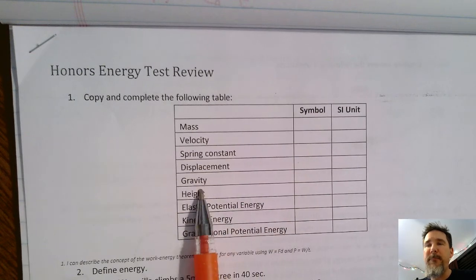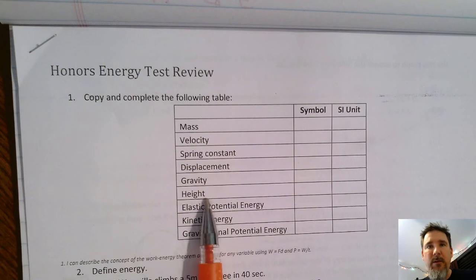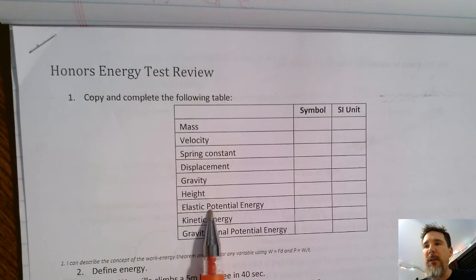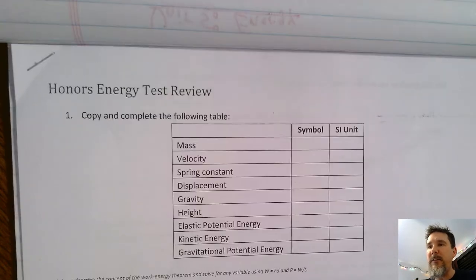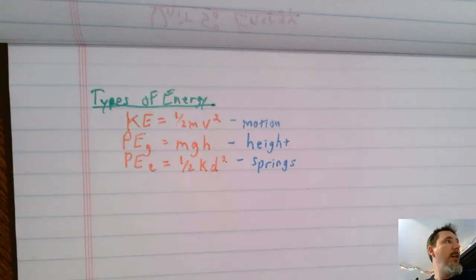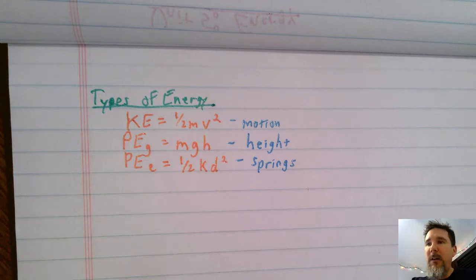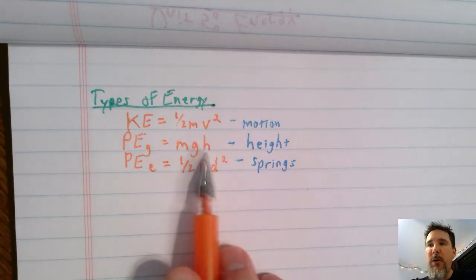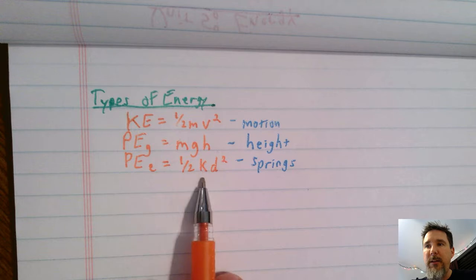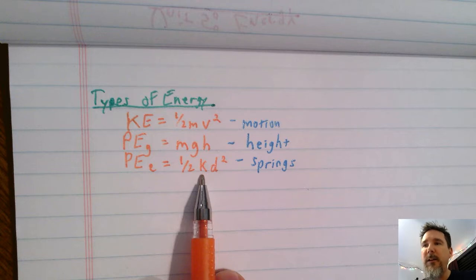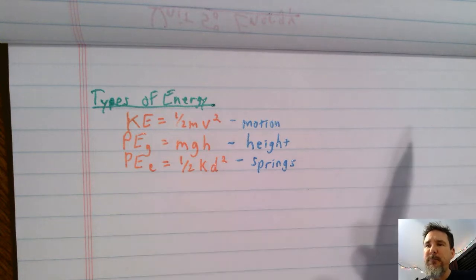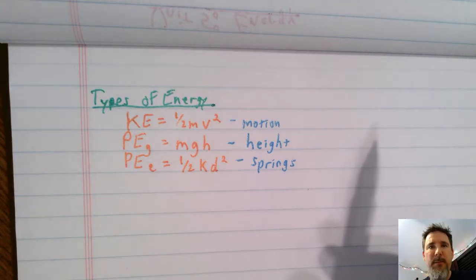The ability to just instantly recognize gravity or height or any displacement. There's a couple more, mass, velocity. You need to be able to do that. In other words, you should know what all these letters are, including this k, the spring constant, or k value, it's sometimes called. And if you could do that, these are going to be a piece of cake.